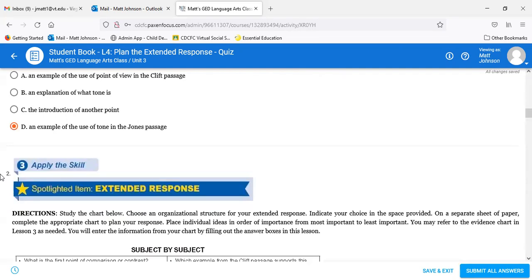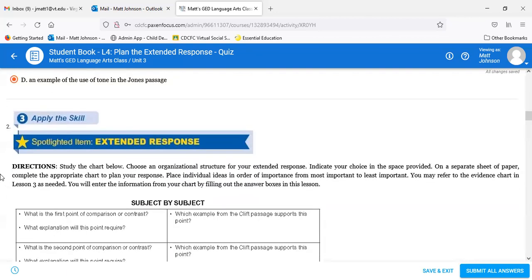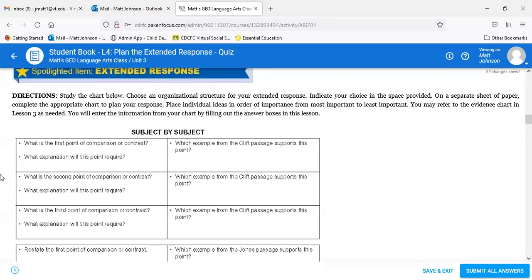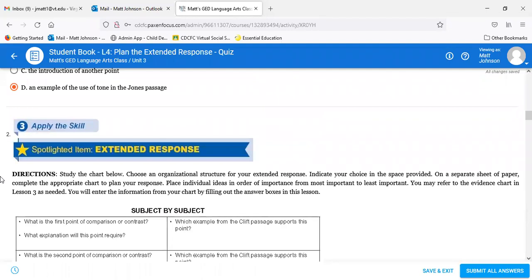Okay, so that's where we're leading into, and we'll look here at the two charts to get a better example. So, study the chart, choose an organizational structure for your extended response, and indicate your choice in the space provided.